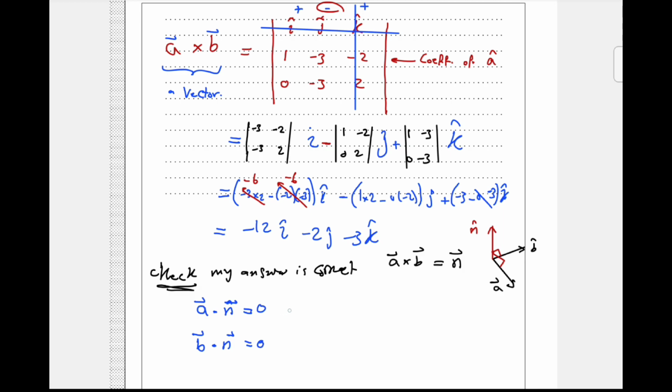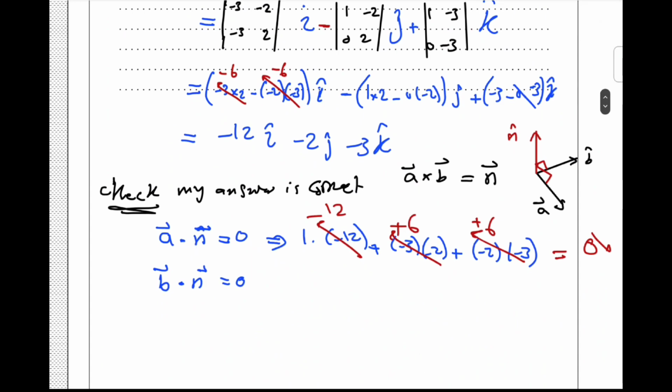So you have 1 times minus 12, plus minus 3 times minus 2, plus minus 2 times minus 3. So here we have plus 6, here we have plus 6, here we have minus 12. So minus 12 plus 12 equals 0. So that's correct.